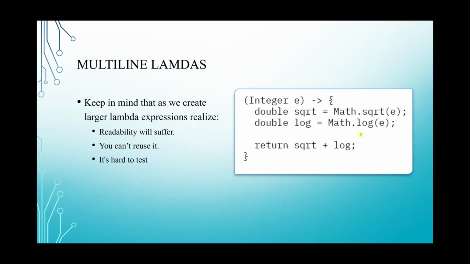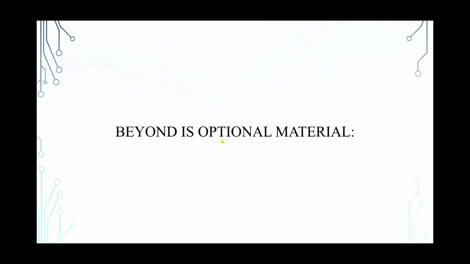However, keep in mind that if we have a larger lambda expression, the readability of your code will suffer, it becomes hard to test, and you cannot reuse a lambda expression, right? It's for one time only, single use only, and it's for a short-term use.